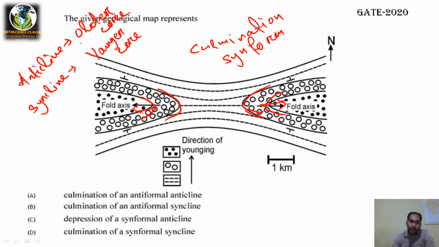So the direction is given here. It is the older and it is the younger. So this one is younger, this one is older. So there is a younger core. So we are having a younger core.